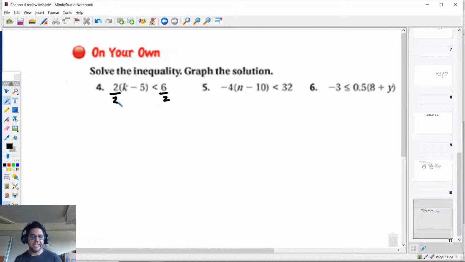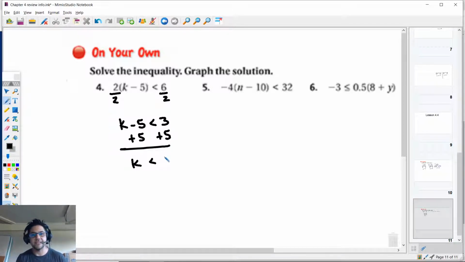And I'm going to say that 1 is hidden because now you don't need your parentheses. It is just k subtract 5 is less than 6 divided by 2 is 3. Add 5. Oh, I think you see it. And that is going to give me k is less than 8. The exact same answer. Nice.